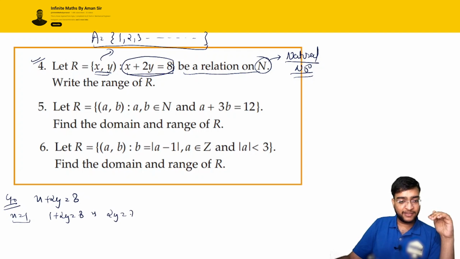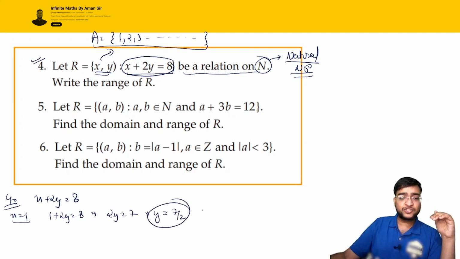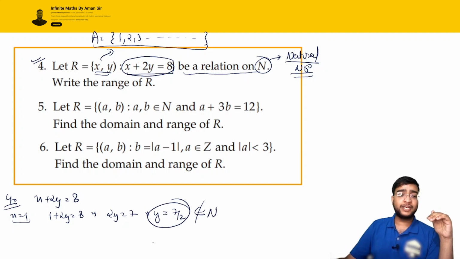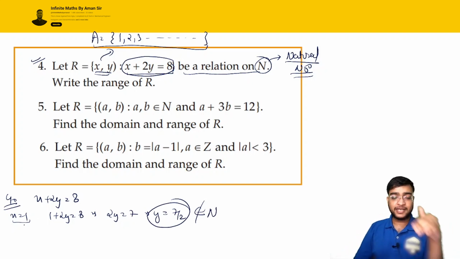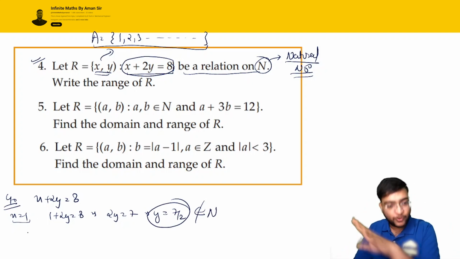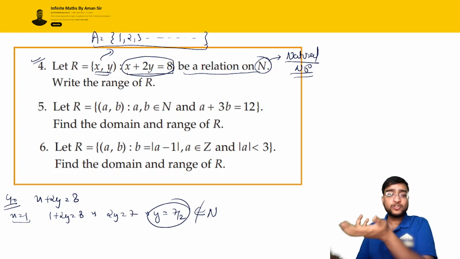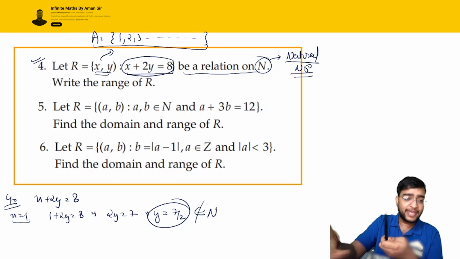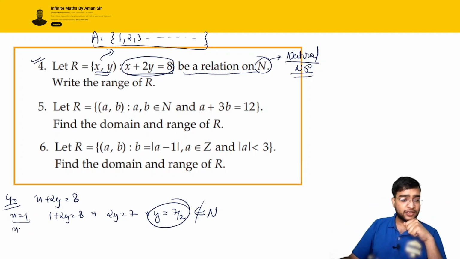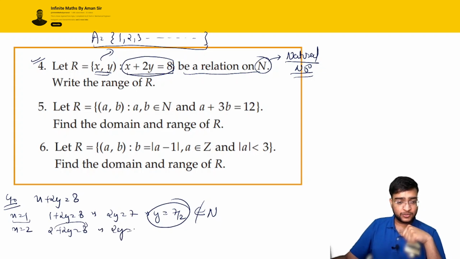If I take x equals 1, then 1 plus 2y equals 8, and ultimately 2y equals 7, so y equals 7 by 2. Is y a natural number? I can say this is not a natural number. So I am not taking x equal to 1 here, because y also belongs to my natural number set A. Okay, if I take x equals 2 here, then 2 plus 2y equals 8, so 2y equals 6 and y equals 3 here only.